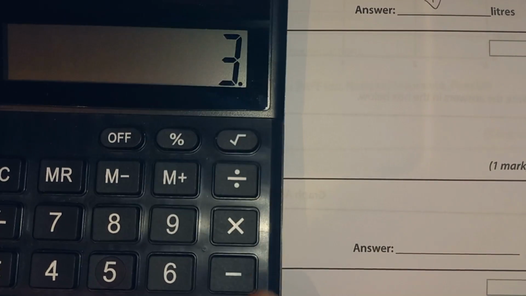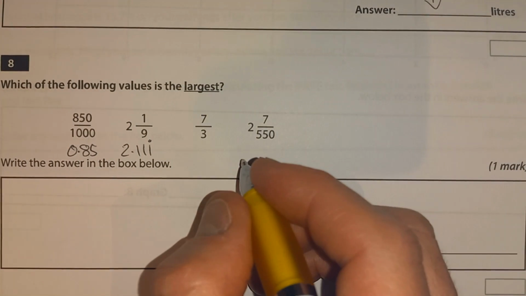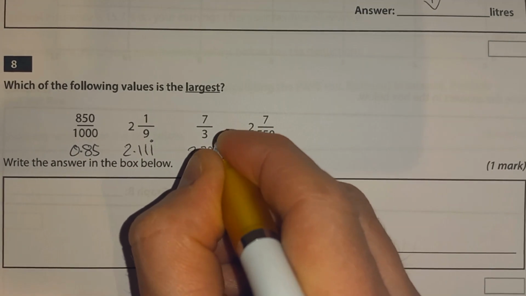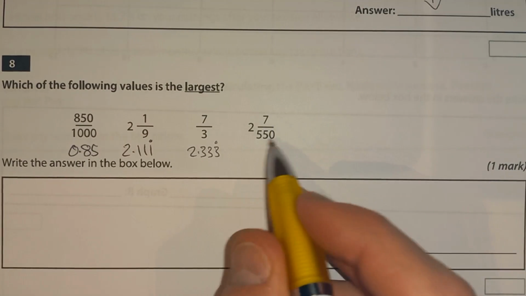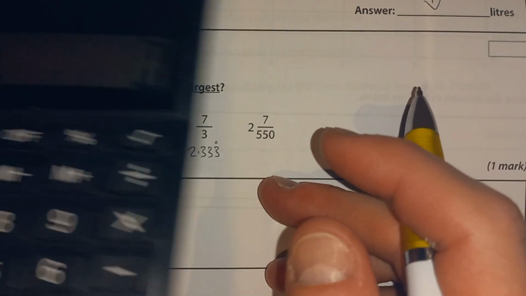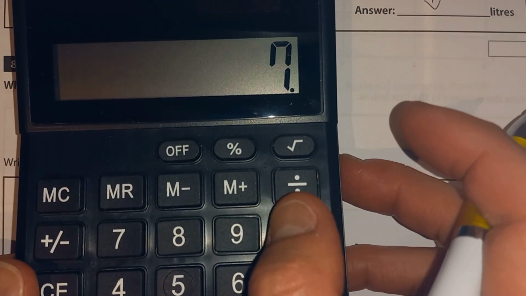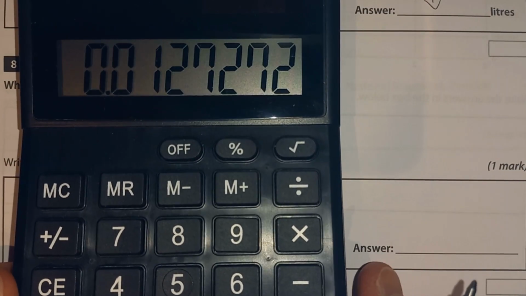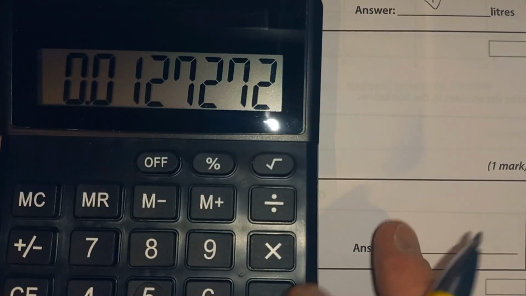7 divided by 3. Well, that's 2.333 recurring. And for the last bit, again, let's deal with the fraction first. So we've got 7 divided by 550. And then add on, what was it, 2.